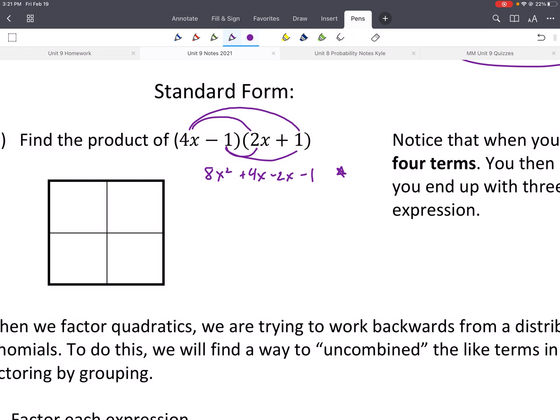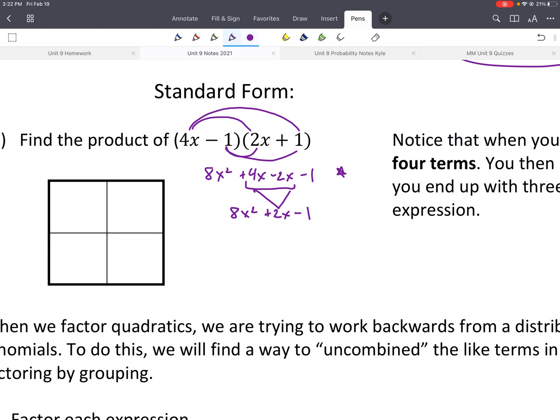So the difference now: all of our problems in the last lesson had 4 terms. But typically, if we were to distribute, we would combine like terms, and we'd end up getting 8x squared plus 2x minus 1. So those two terms combine to give us the middle term.